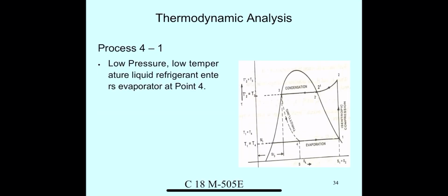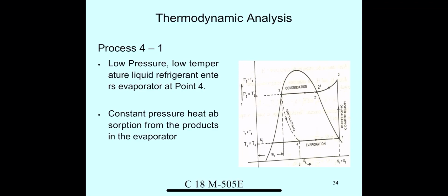In the 4 to 1 process, the low pressure, low temperature liquid refrigerant enters the evaporator at point 4, with constant pressure heat absorption from the products in the evaporator.